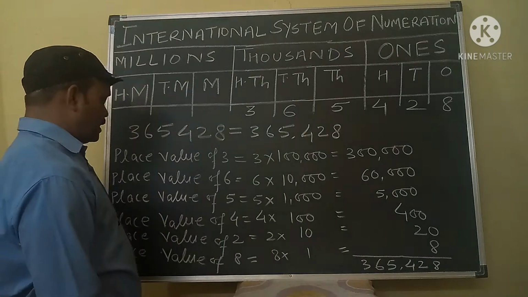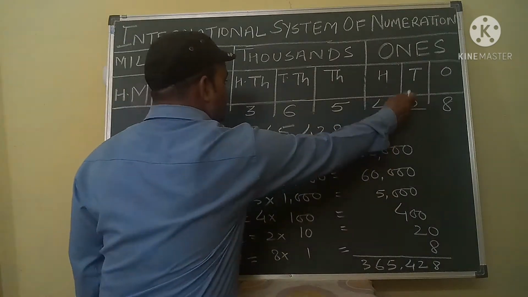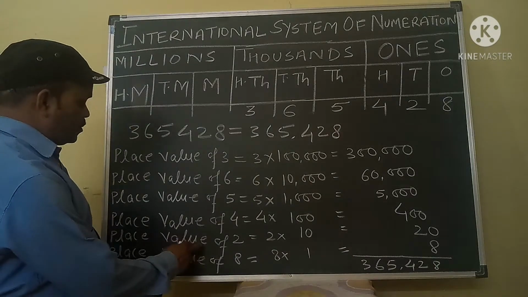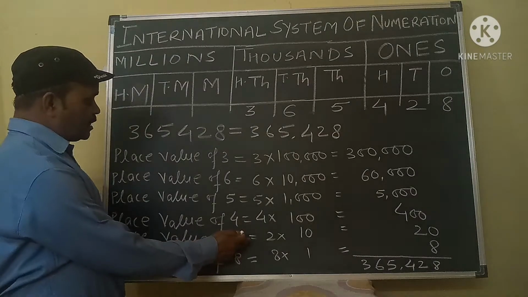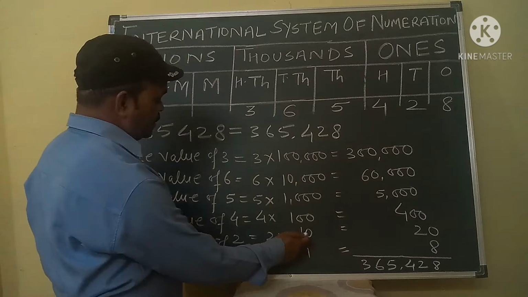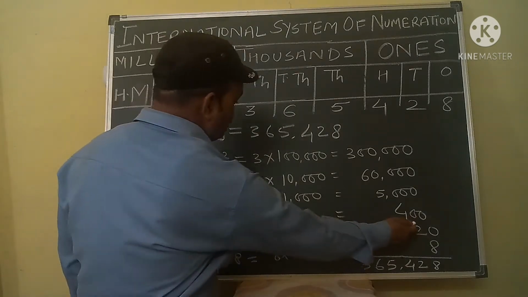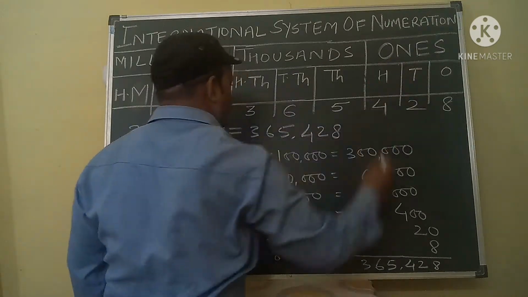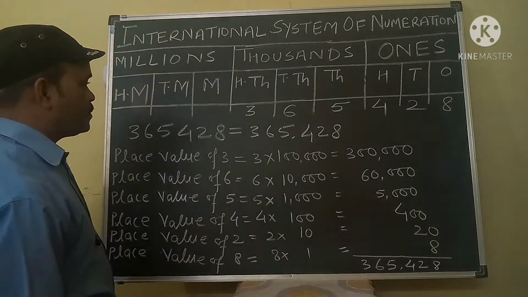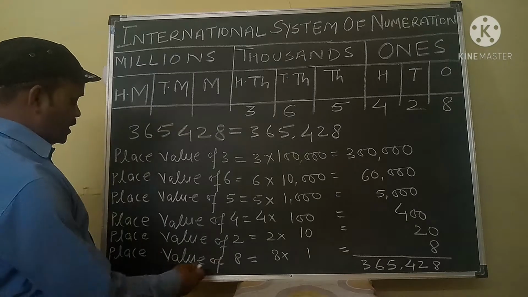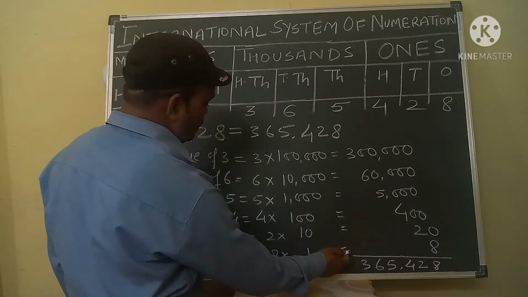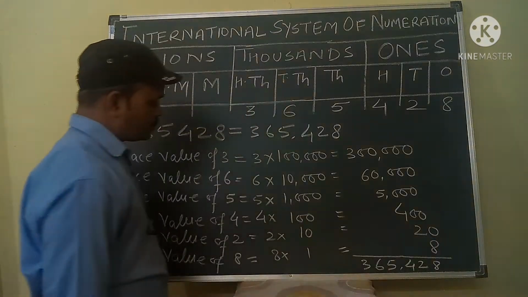Again, 2 is in the tens place. So place value of 2 will be 2 into 10. It will give you 20. 8 is in the ones place. So place value of 8 will be 8 into 1. It will give you 8.